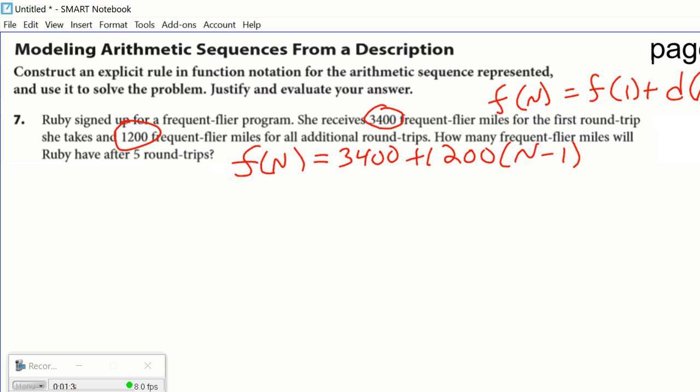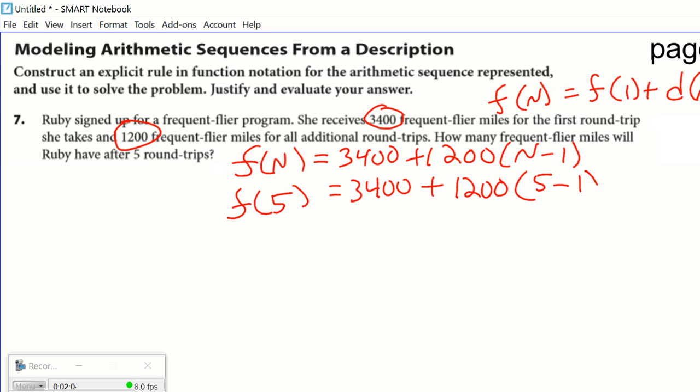All right, the next thing we're going to do is plug in the 5 for how many round trips she has so we can figure out how many miles she gets. So we're going to plug in f of 5, set that equal to 3,400 plus 1,200 times 5 minus 1.